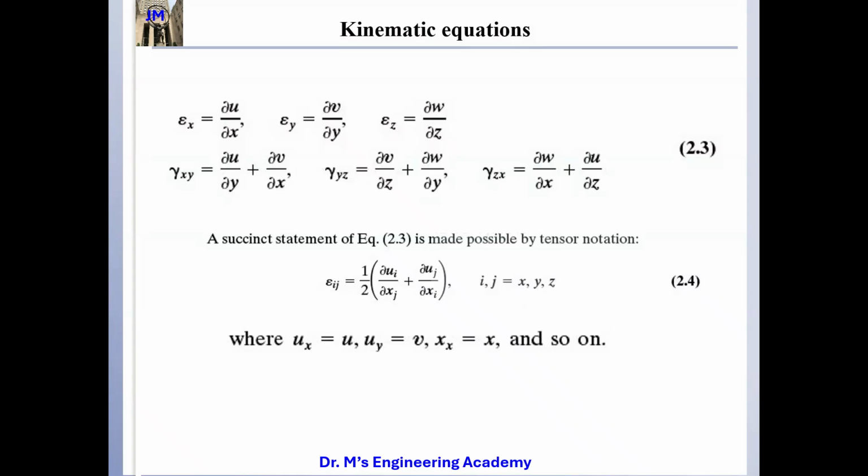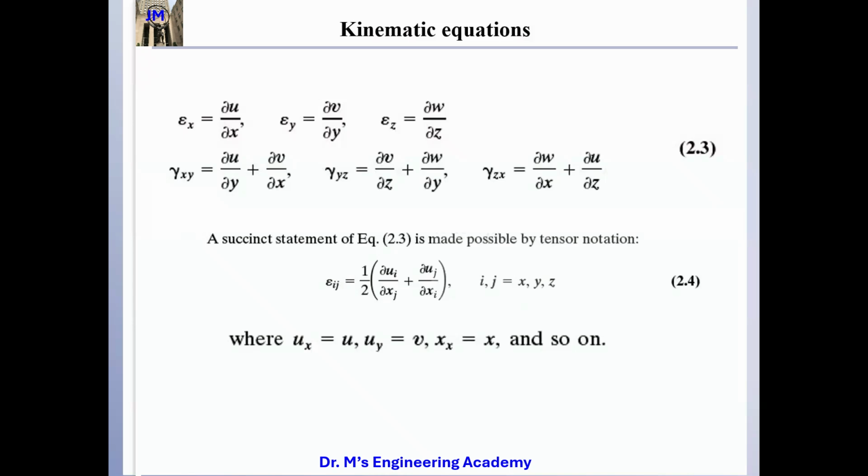This is the Einstein notation, also called index notation. You have heard of Einstein notation, you know Einstein, right? We use sigma for all the stress, and we only use x, not y and z, but x1, x2, x3.